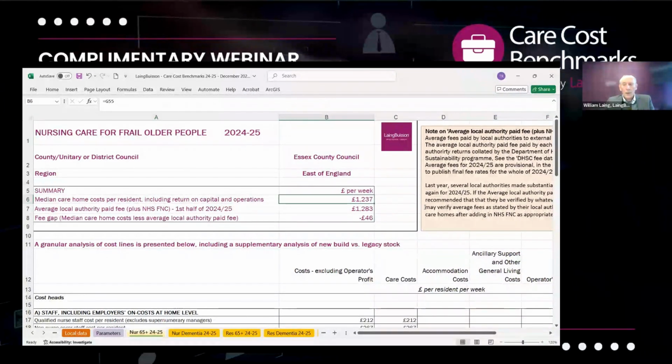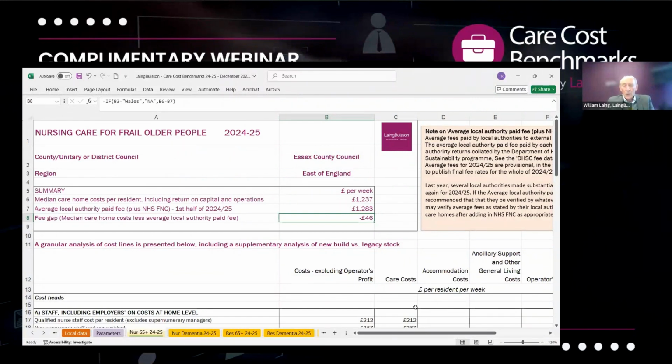And what you'll see there is the reverse takes place, that there is a negative fee gap of £46 in this case. What we're saying is that on the evidence we have, we believe that the median care home costs are about 1,237, and the average local authority paid fee is 1,283 for 24-25.